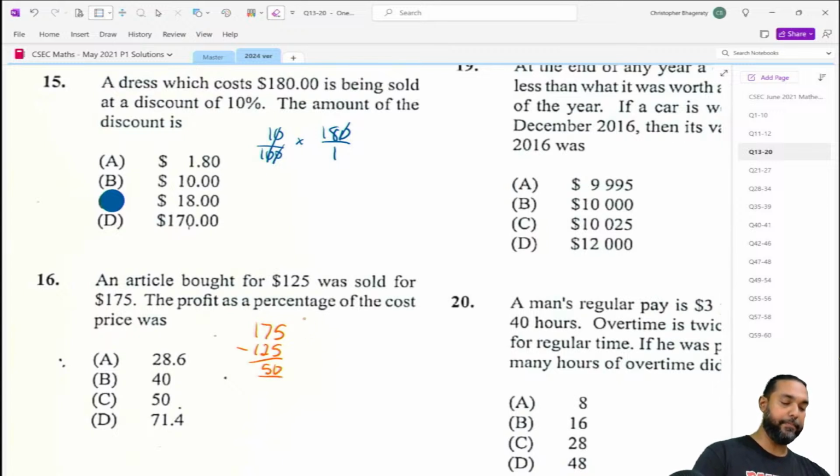Then you take your profit and put it over the cost price and multiply by 100. However you want to cancel that down, 25 into 50 goes 2 times, 25 into 100 goes 4 times, and 2 by... 50 over 125 times 100 gives us 40%. So that was option B.